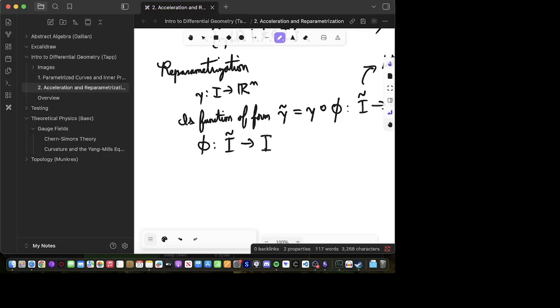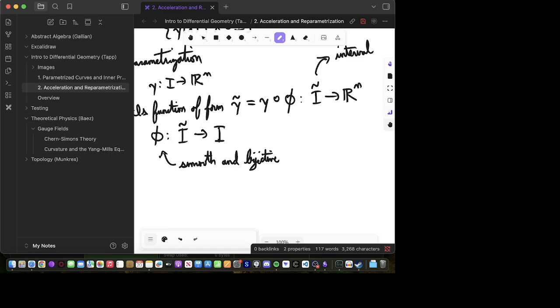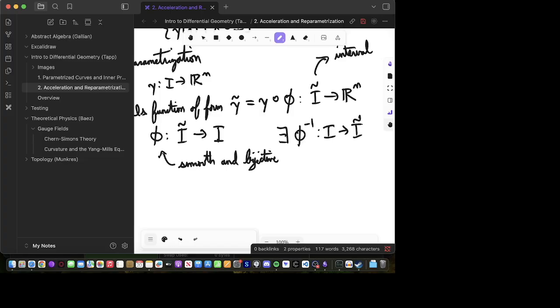And this is smooth and bijective. And what that means is it has an inverse. So this exists. And the inverse has a derivative as well.